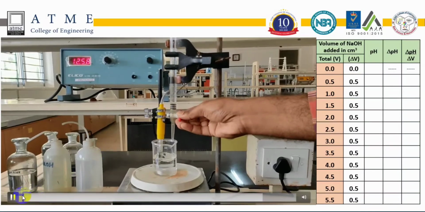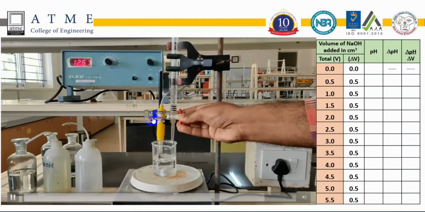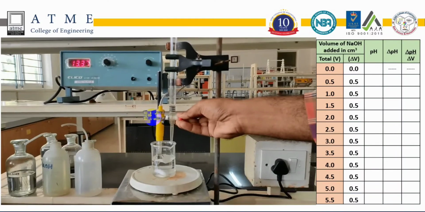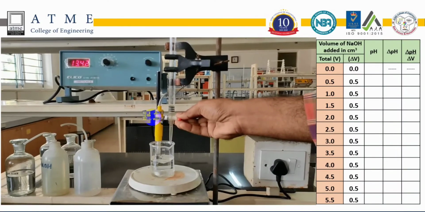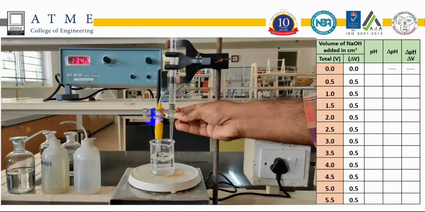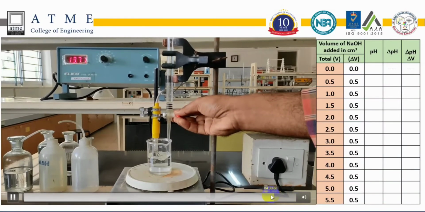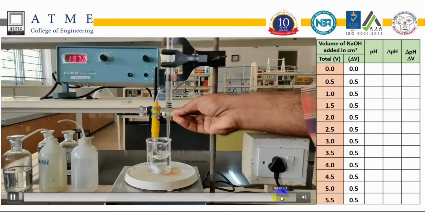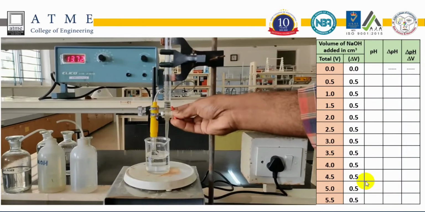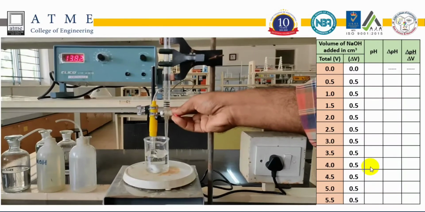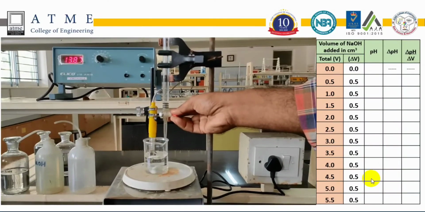When you reach 4.5 ml, all the acetic acid will be neutralized to sodium acetate, the salt, and water. Further, you take 3 to 4 readings. So at 4.5 you get a jump. Here it was 5, here it was 12.